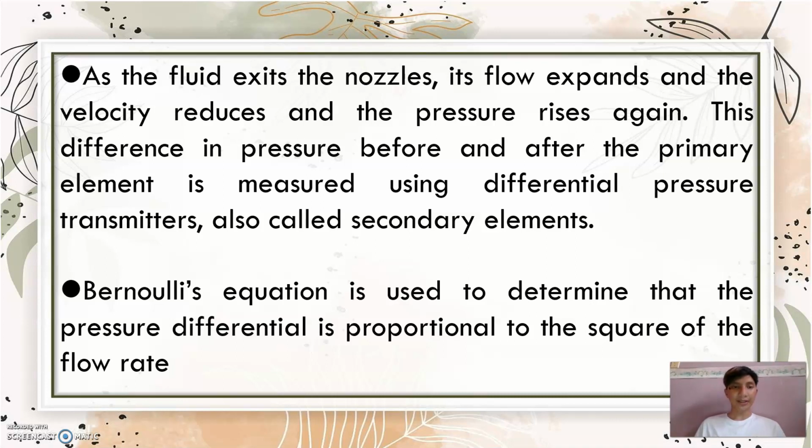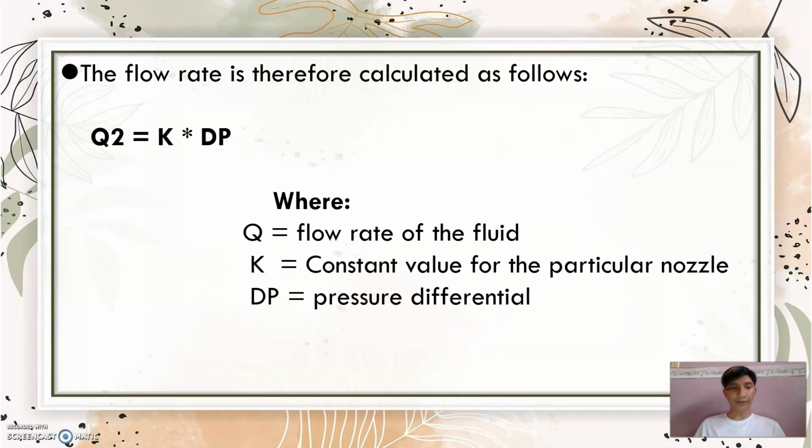This difference in the pressure before and after the primary element is measured using differential pressure transmitters, also called secondary elements. Bernoulli's equation is used to determine that the pressure differential is proportional to the square of the flow rate.